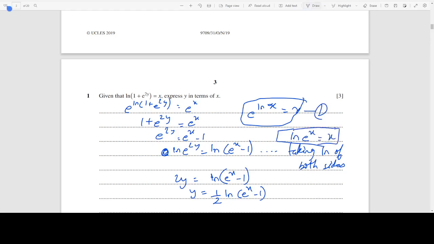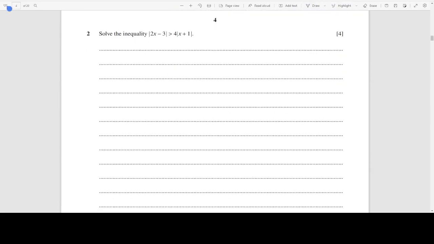So moving on to the next question. Solve the inequality. Yeah, so first let's just consider this as equal to and solve. So 2x − 3 is equal to 4x + 1, so 2x − 3 equals 4x + 4, 2x equals −7, x is equal to −7/2, and the other one where we take the negative of one side because both are in mod.